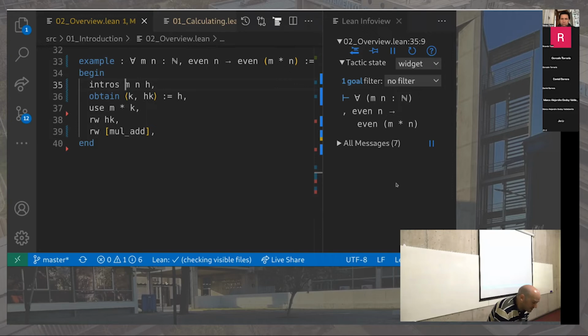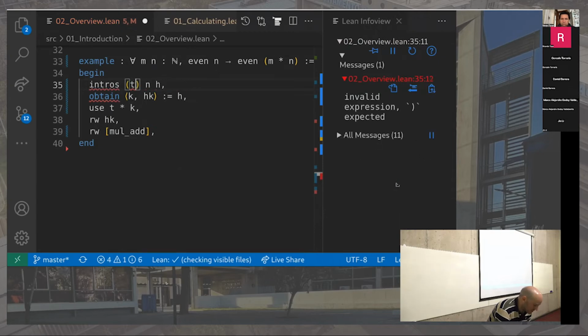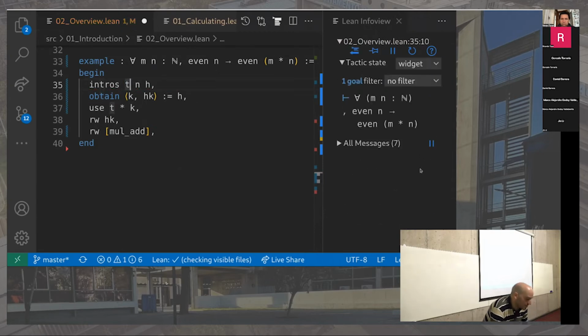I can call it T if you want. And I can be more precise and say let's introduce. Okay, this didn't work. But I understand. It knows because the statement is about two natural numbers. So it is able to guess the type of T.